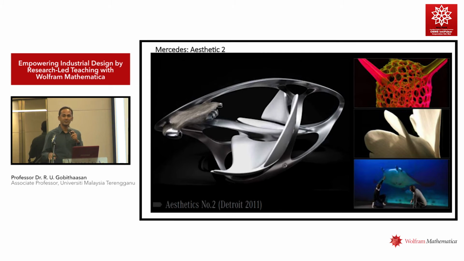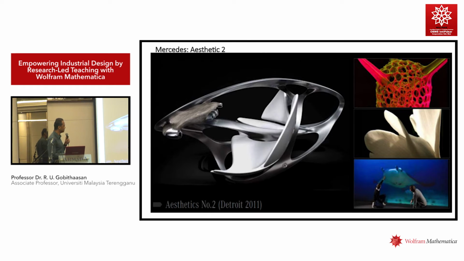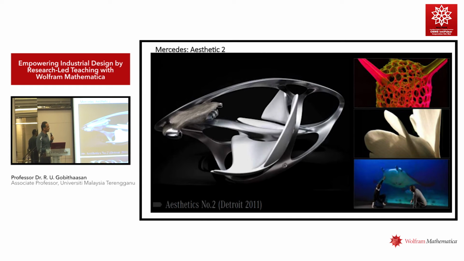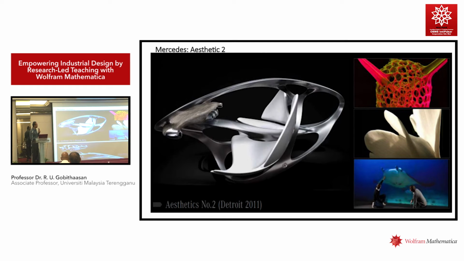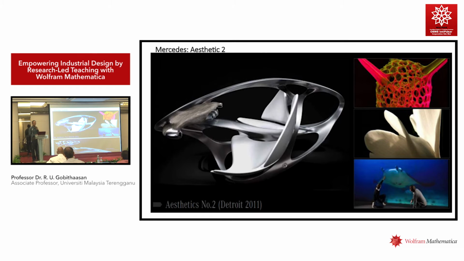The car that you can see on the road at this moment is designed based on three natural products. First is stingray. The second is the petal of orchids, the flower orchid. The third one is diatom. From these three shapes, they try to come up with a new Mercedes-Benz model.